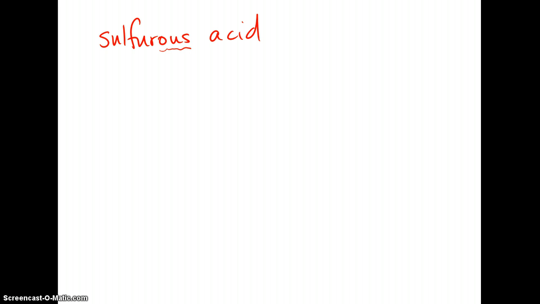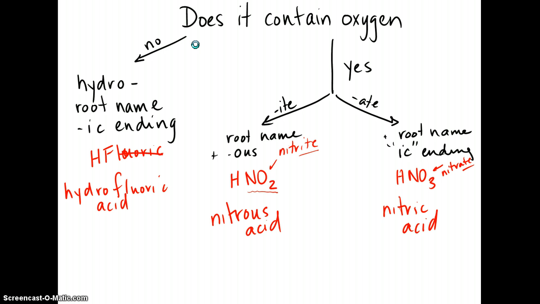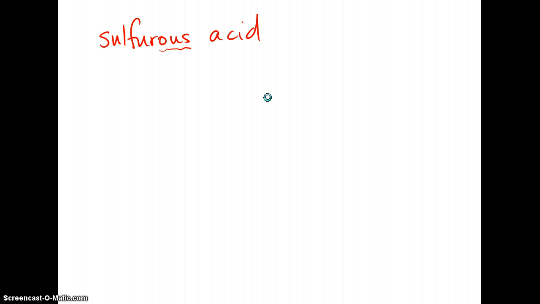Because it has an OUS ending, going back to this diagram over here, OUS endings mean it ends with ite. So I realize that it has to end with ite, and so I am going to look at my polyatomic chart and I notice that, oh, SO3, that's a sulfite.